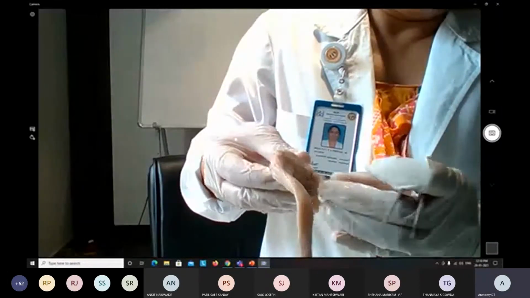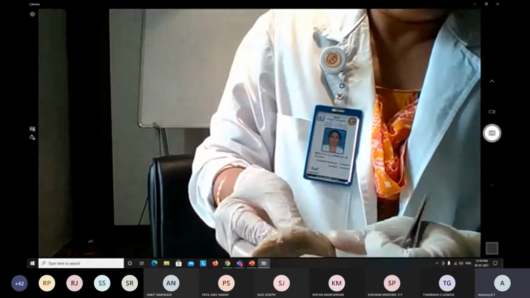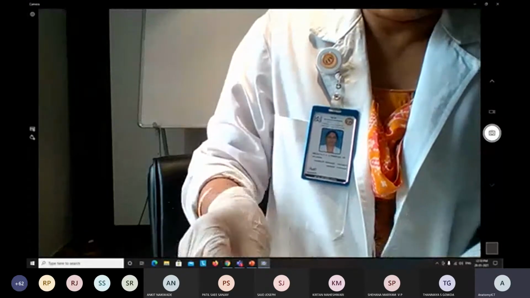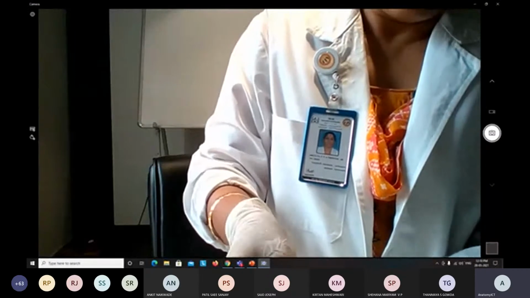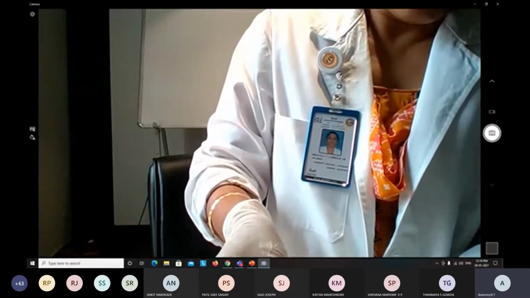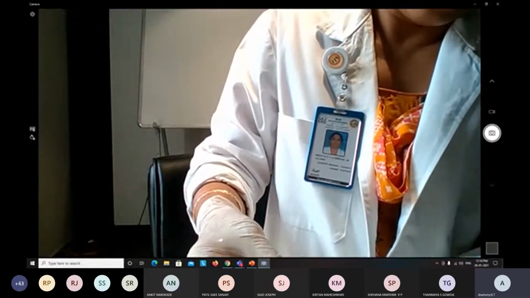Then the lower end will be occupied by the tail of the epididymis and the beginning of the vas deferens. See here.